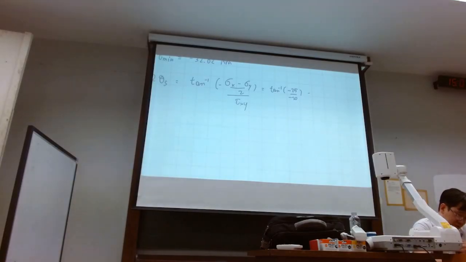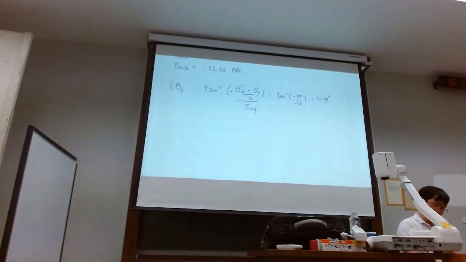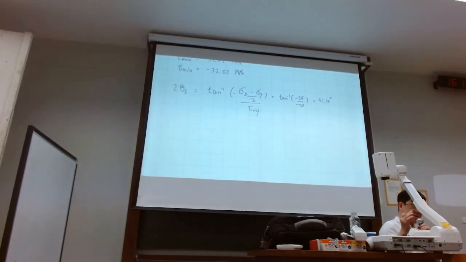So this will be a positive value. So arctangent of 25 divided by 20, this would be 51.34 degrees.